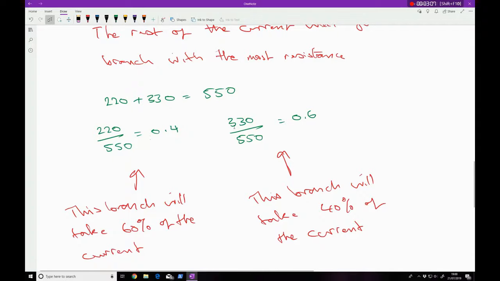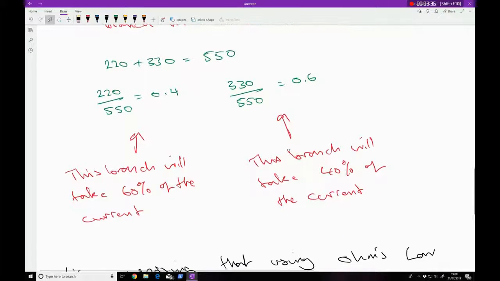And if we understand that 330 ohms is 60% of their combined resistance, by the way, not the total circuit resistance, then it will only take 40% of the current.